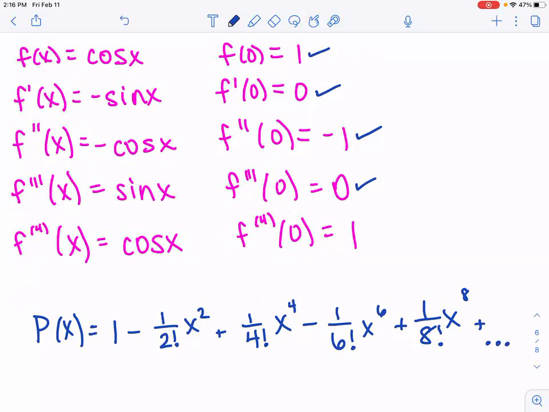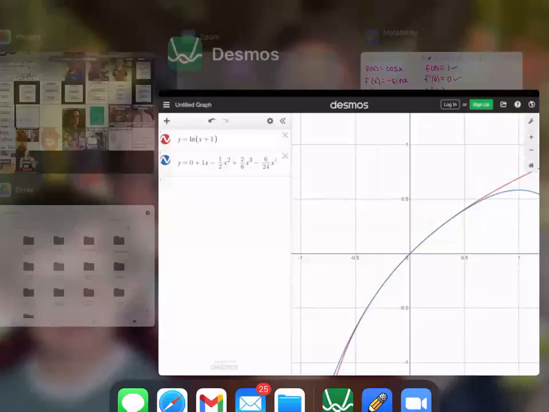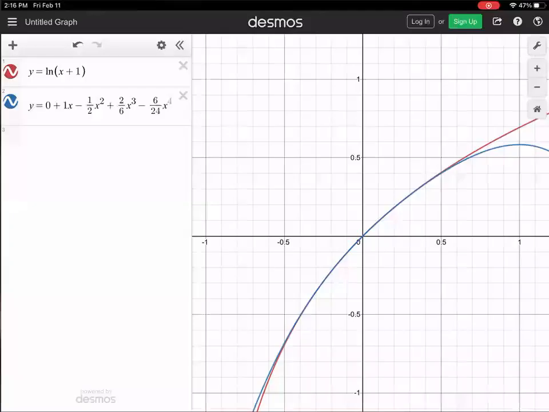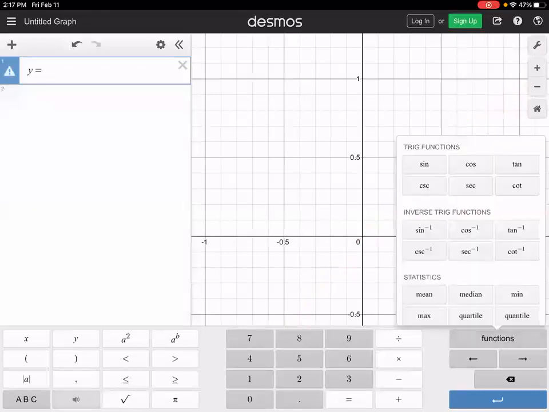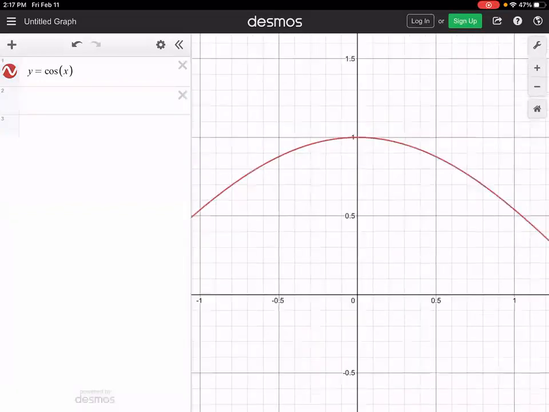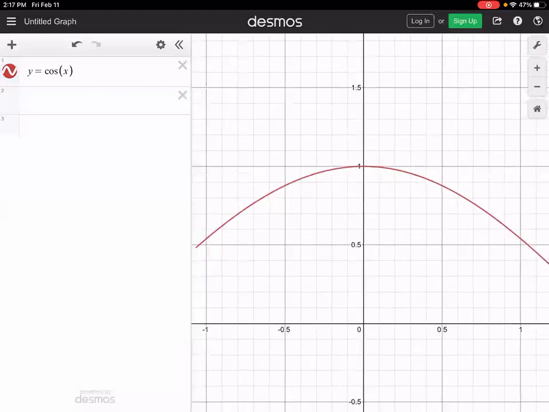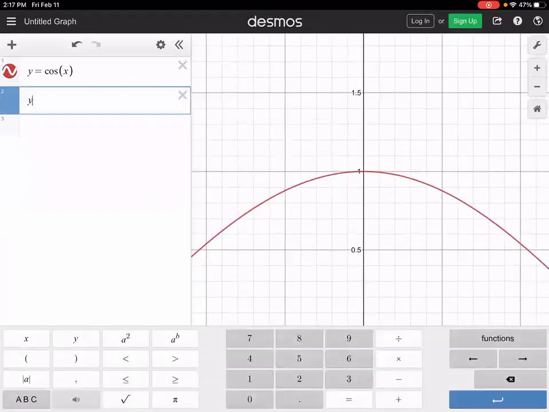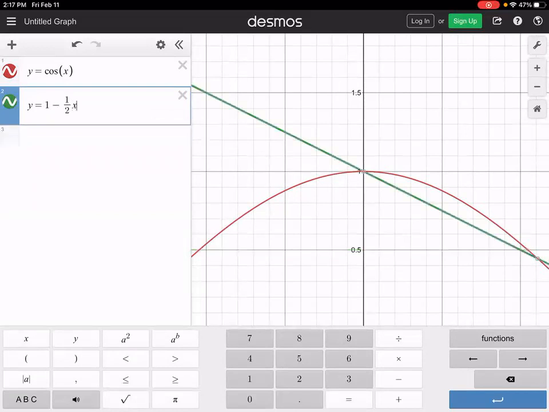Okay. Now let's go back to Desmos. Okay, so the cosine of x. So we have y equals 1. And then did we subtract 1 over 2 factorial x squared?